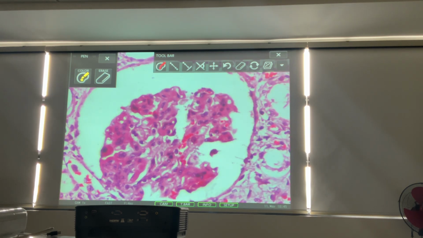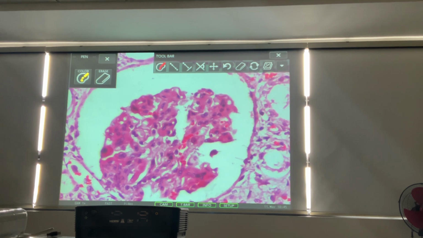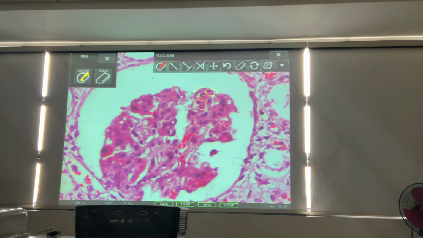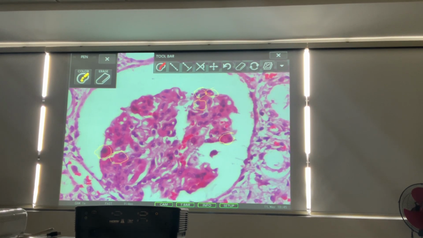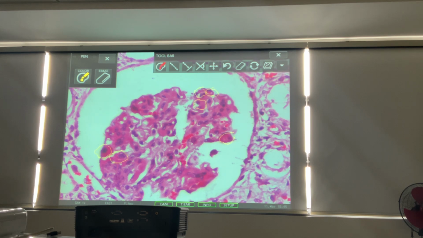These are your capillary vessels, and then their corresponding basement membrane. Notice that the basement membrane is thickened. They will have thicker walls. You can see it even here. The lumen is already closed because of the severely thickened basement membrane.